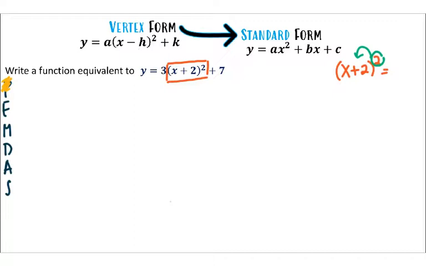So technically, this is (x plus 2) times (x plus 2). When we have that, there's two ways to simplify or solve this. We can do a 2x2 box, or we can use FOIL. To be a little bit visual and to review, I'm going to do the box.